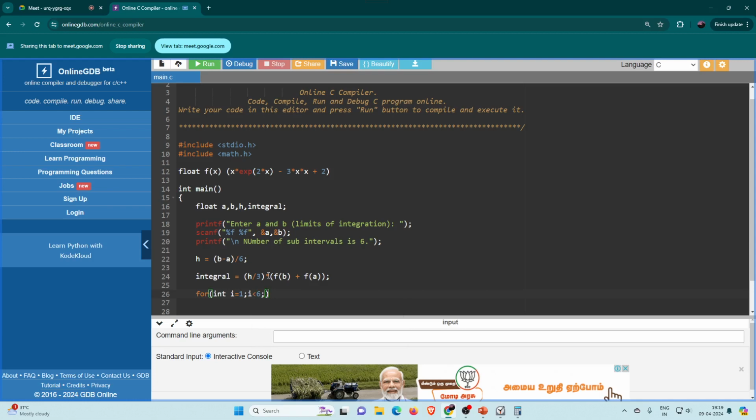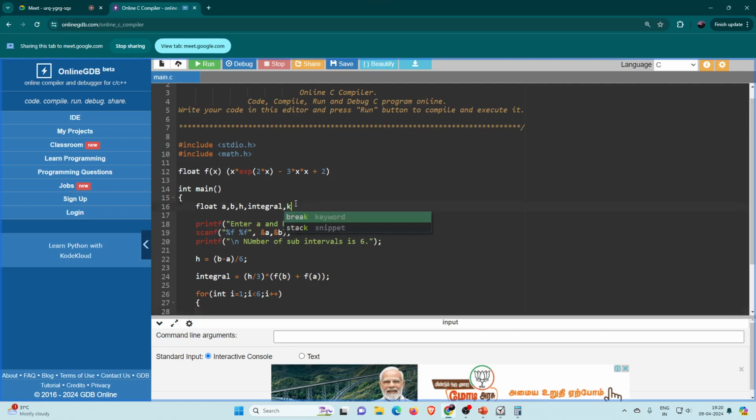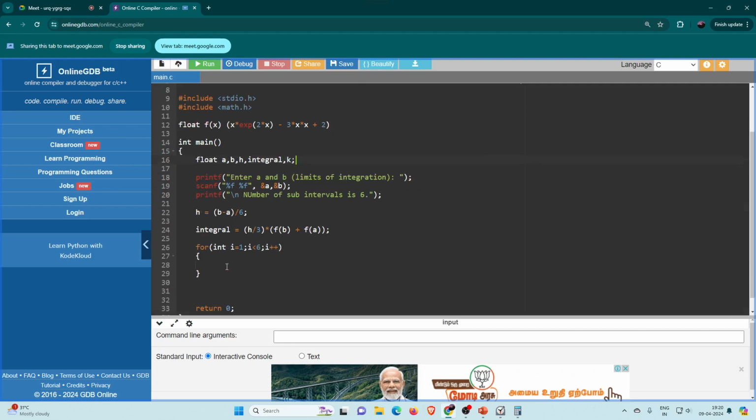So 6 is the number of partitions, right? So 1 to 6. So wait, let me also include k here. I will use k as a flag here.